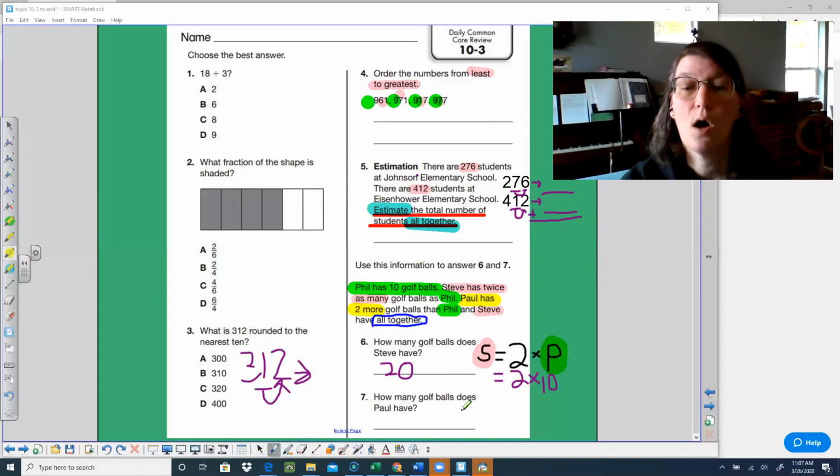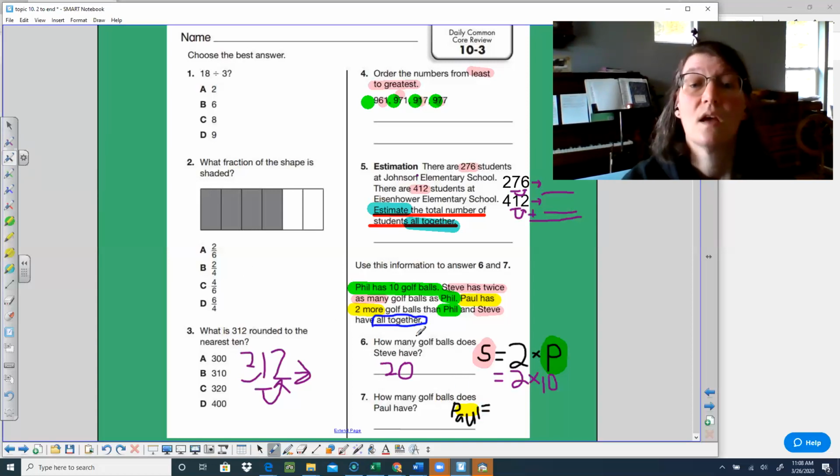So Paul equals, I'm going to write Paul in here, P-A, I didn't want to use P because I had already written P for Phil. So Paul equals 2 more than Phil and Steve.